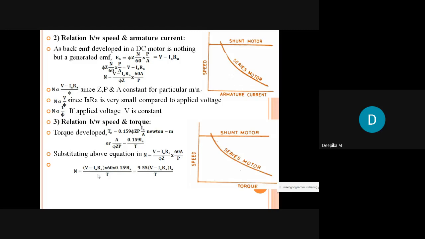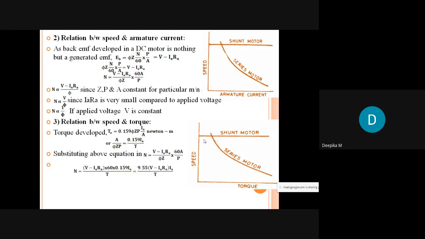Again, in the DC shunt motor, we got to know that speed is constant with respect to the armature current. Hence, the speed-torque relationship for the DC shunt motor is constant, and for the series motor it is again an inverse relationship.